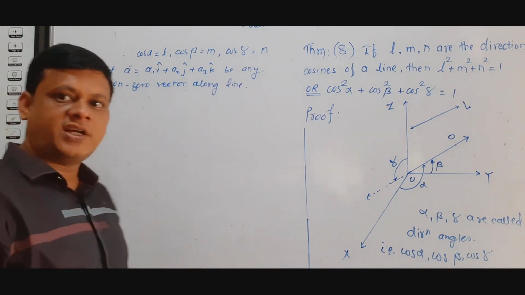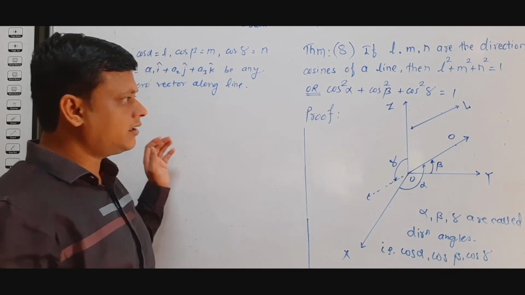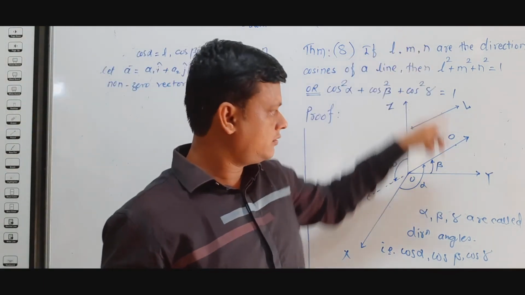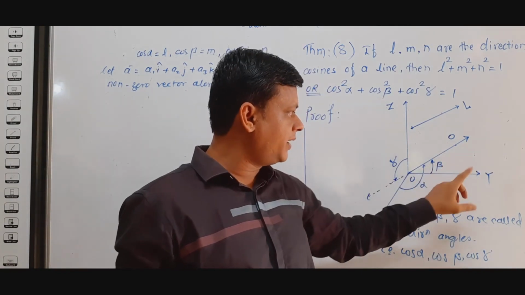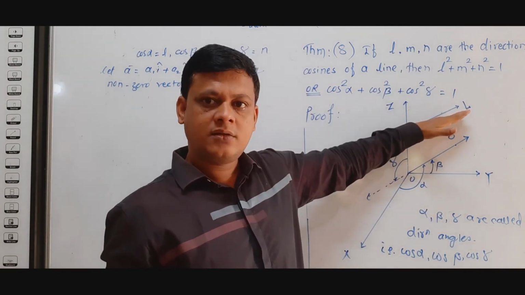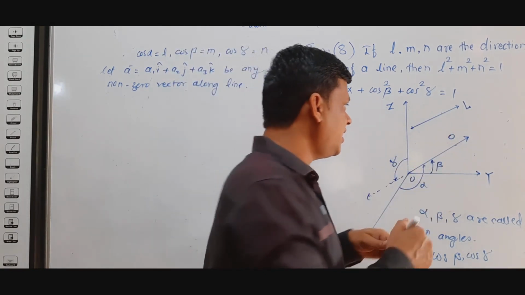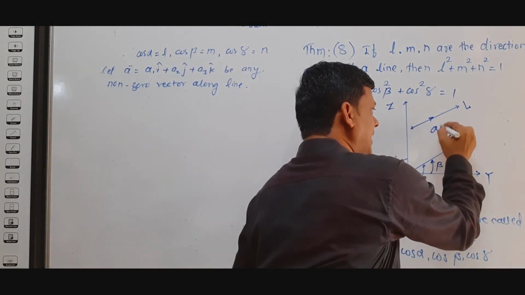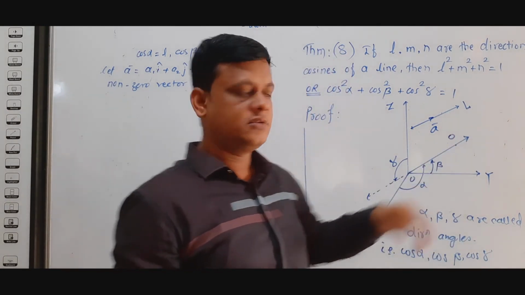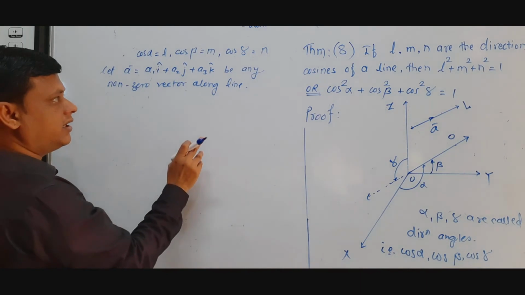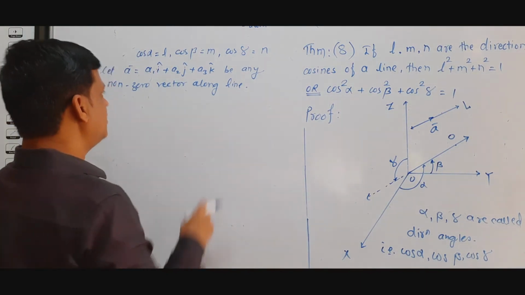So first we consider a vector along the given line. Suppose we consider line OP or the parallel line, which is L. Suppose the given line is L. So we consider a vector A bar along this line, A bar equals a1 i plus a2 j plus a3 k, which is a non-zero vector.